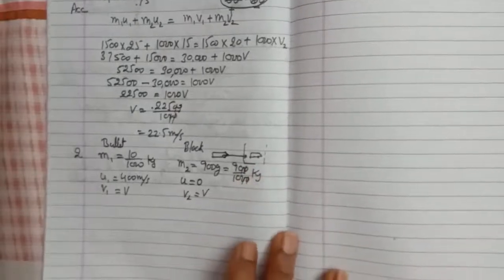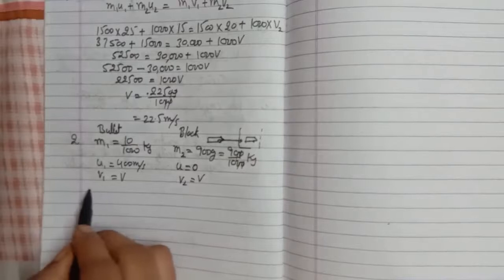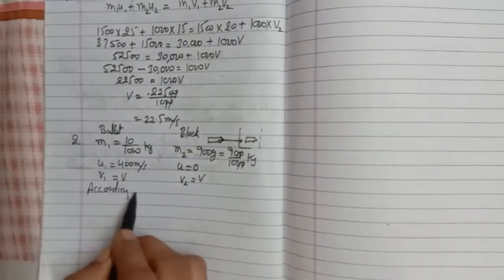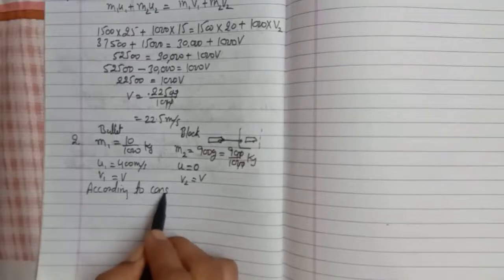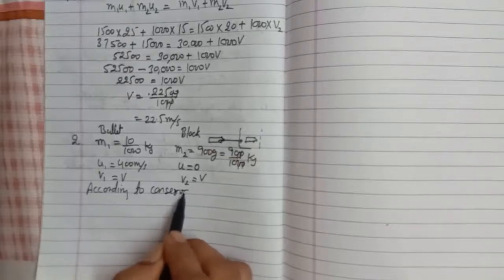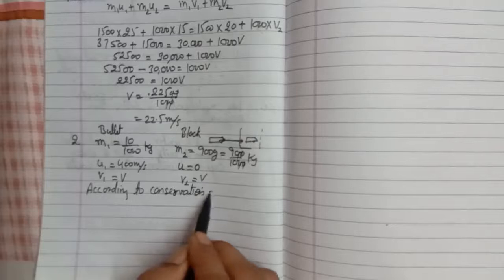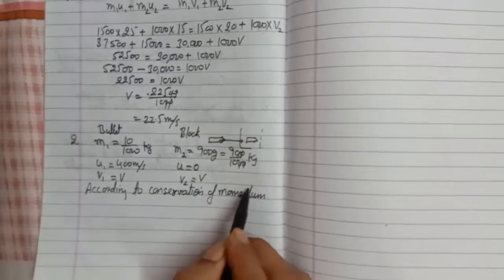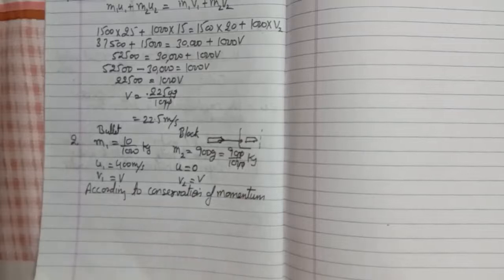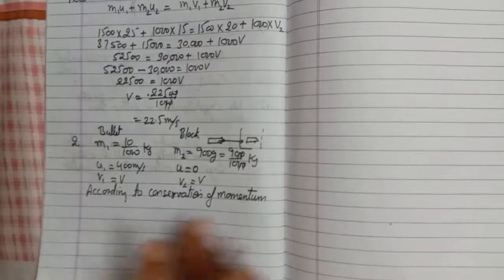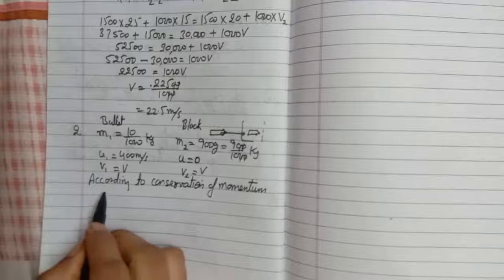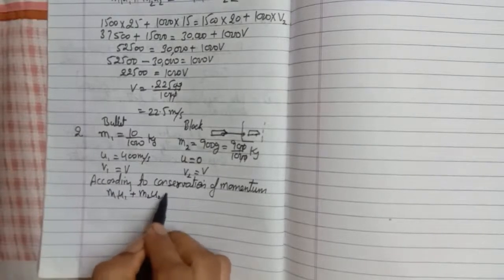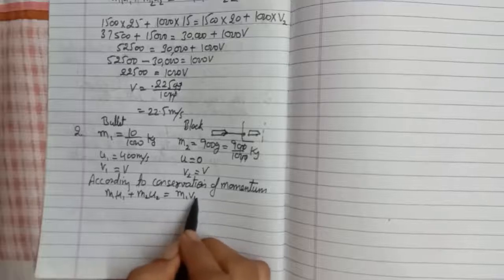So according to the conservation of momentum, m1u1 plus m2u2 is equal to m1v1 plus m2v2.